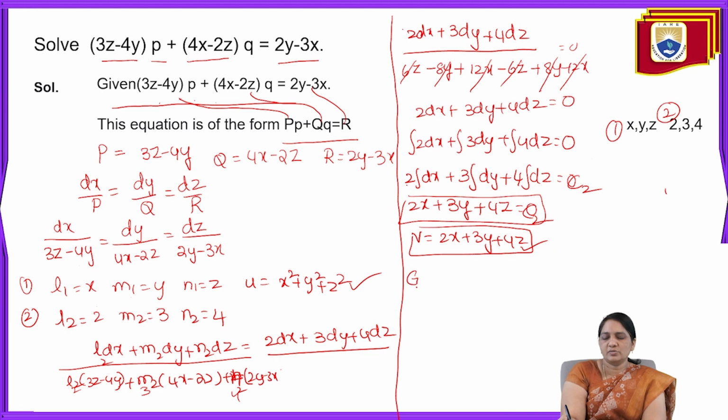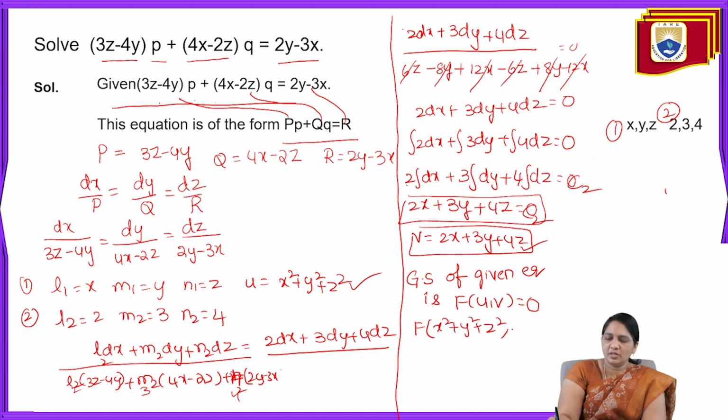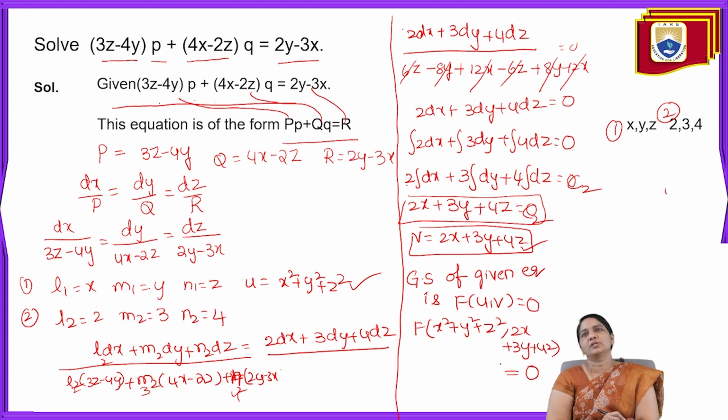I can write the general solution. So the general solution of the given equation is f of u comma v equal to 0. What is u here? That is x square plus y square plus z square, comma, v is 2x plus 3y plus 4z, equal to 0.